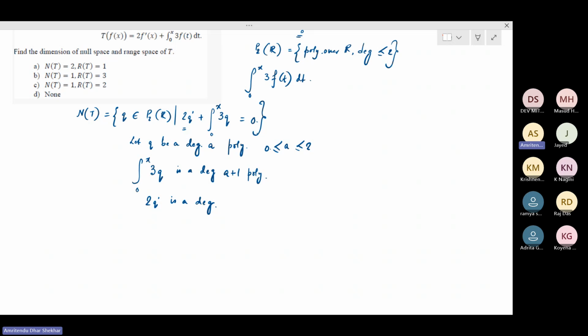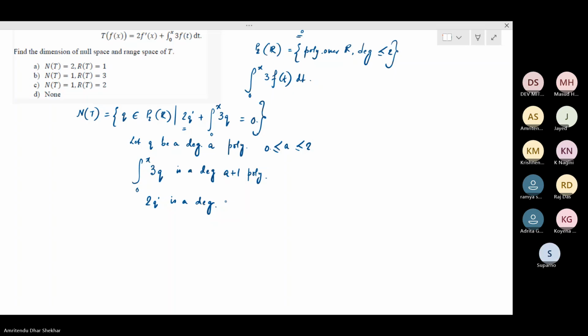The degree of this polynomial is less than or equal to A. If A is positive, then it's less than A, whereas if A is 0, then it's 0.